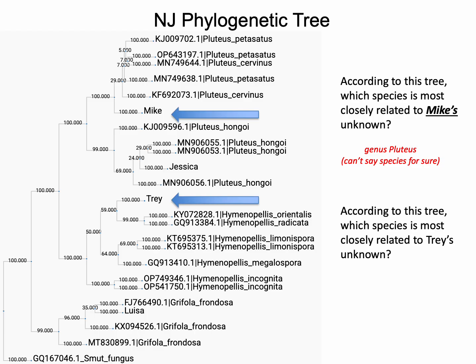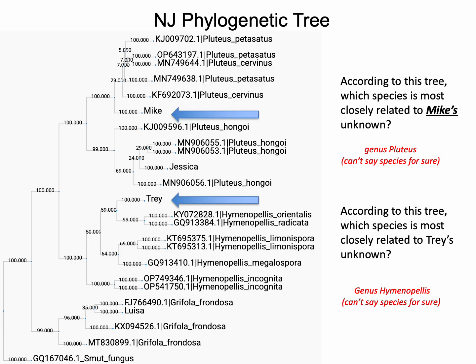Next, let's look at Trey's sample. According to this tree, which species is most closely related to Trey's unknown? Go ahead and pause until you think you know the answer. All right, if you said the genus Hymenopellis, you would be correct.